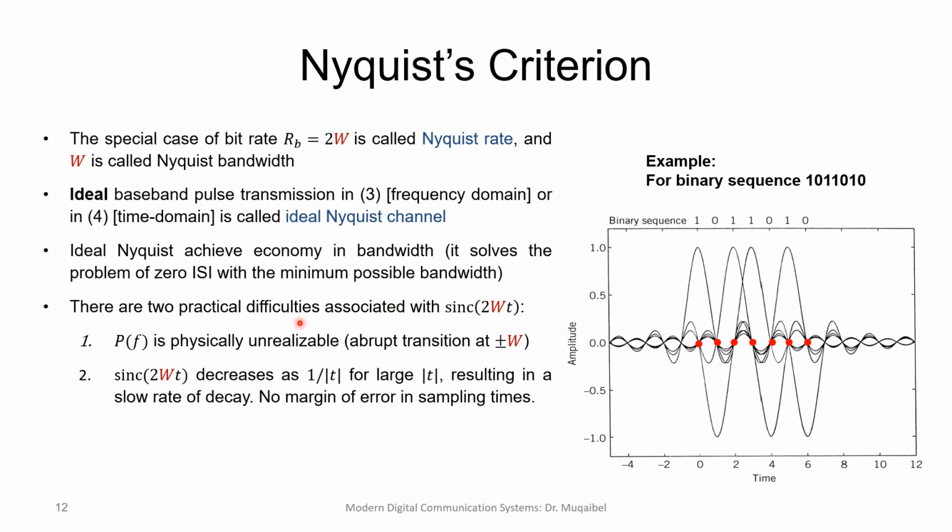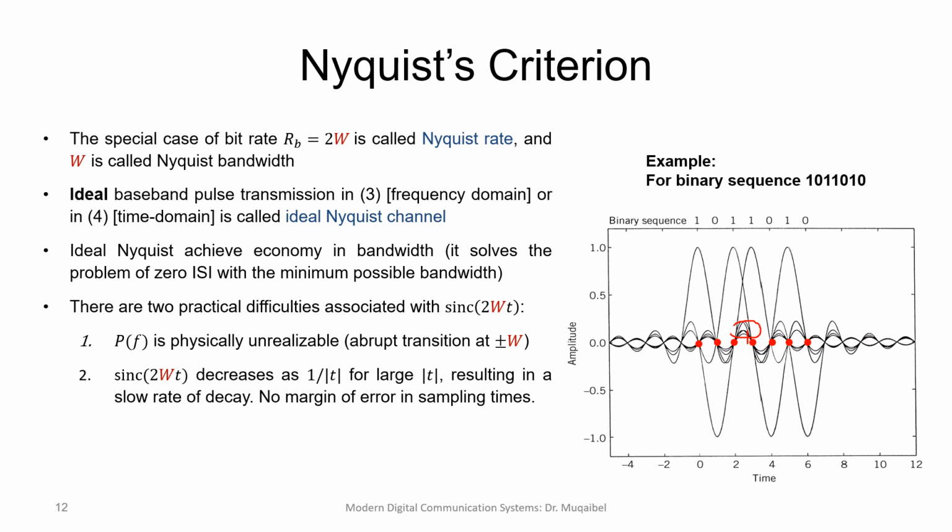There are two practical difficulties with using sinc. Of course, sinc starts at minus infinity to plus infinity, which means that you have to approximate sinc. You cannot have sinc in real life. Also, the decay factor of sinc is 1 over t, which means that if you have error in timing, so if, for example, instead of you sample here, you sample on the side, you will get some ISI.